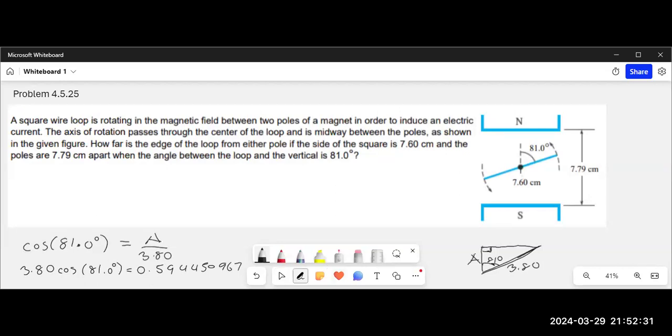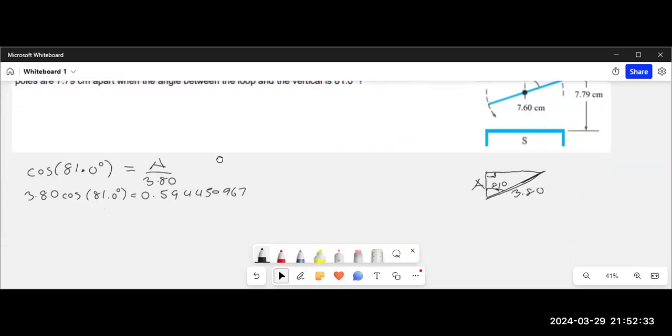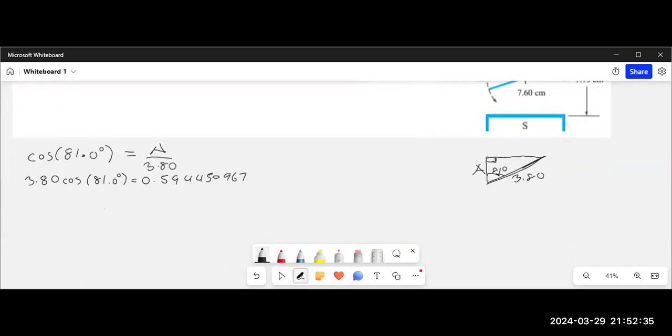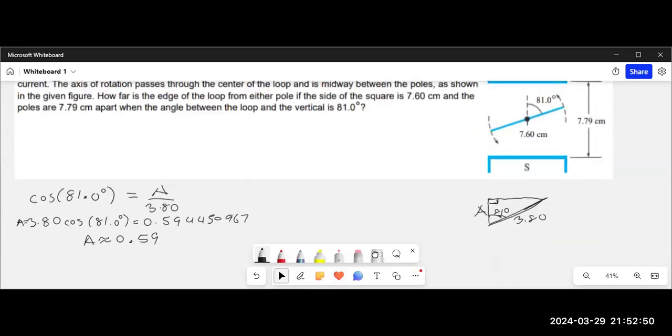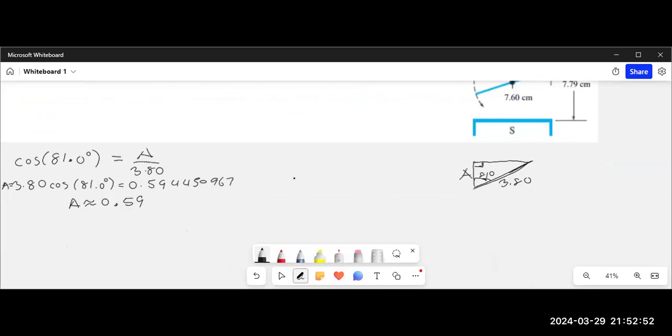We're going to round to 2 decimal places. So A is approximately 0.59. These are centimeters. 0.59 centimeters on this side.